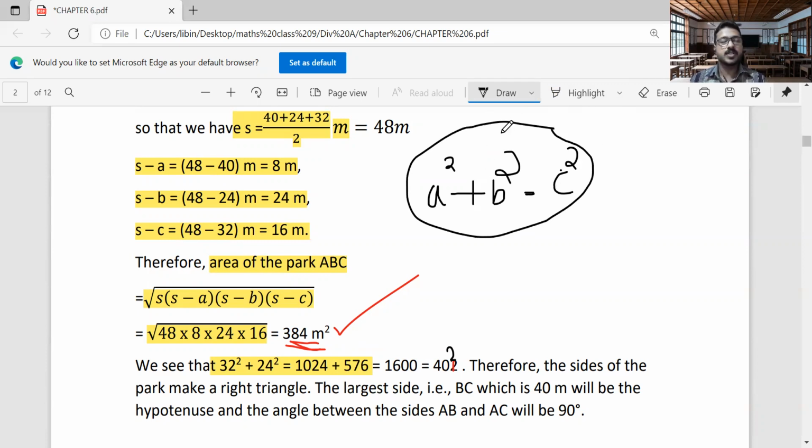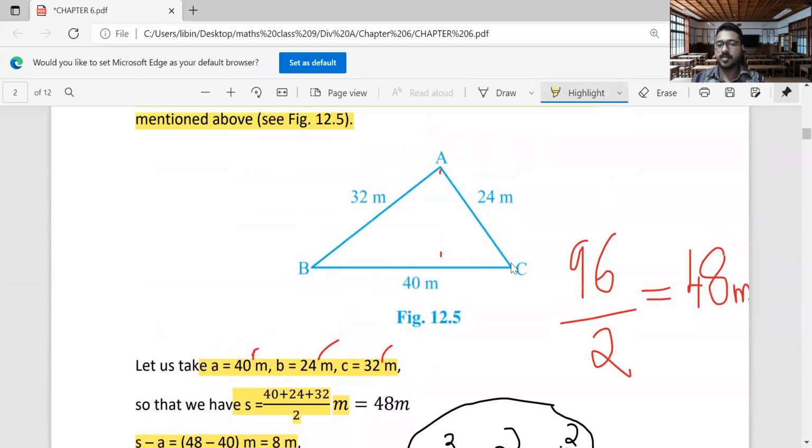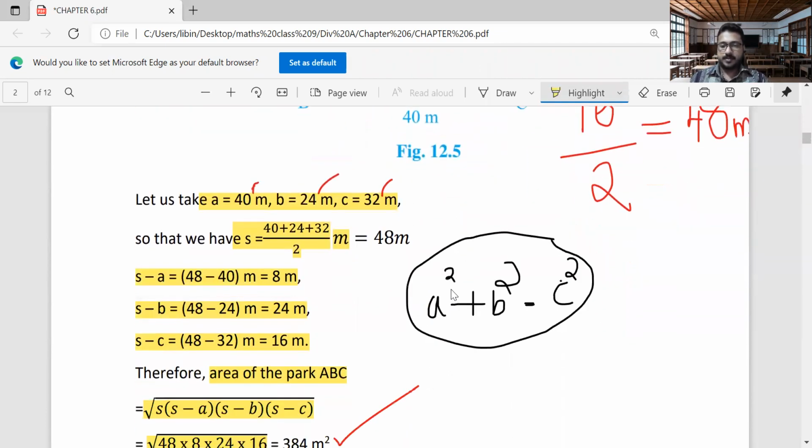Actually, this is the converse of Pythagoras theorem. So we can say that the sides of the park make a right triangle, and the largest side will be BC, which is equal to 40 meter.